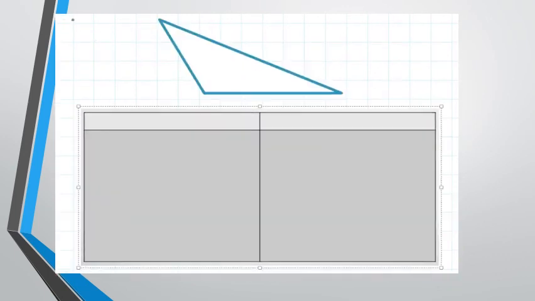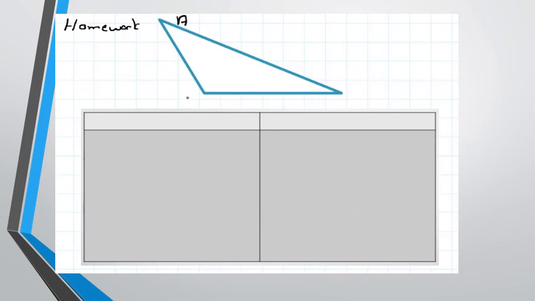Right guys, now it's your chance to show me how it must be done. Let's call it homework. I want you to call this angle A, this angle B, this angle C. And I'm going to give you the information: angle A to be 23 degrees, angle B to be 134 degrees.